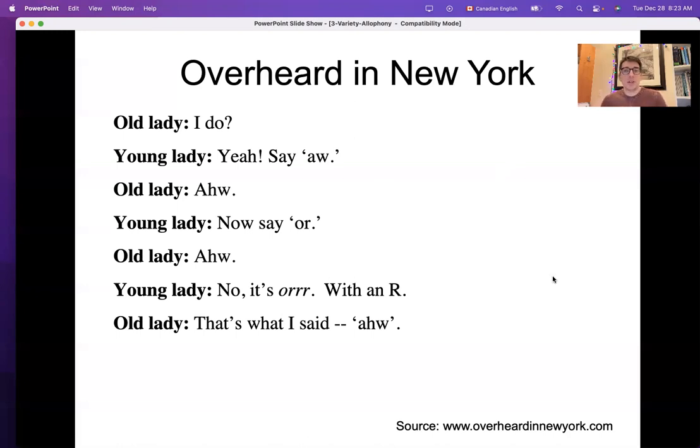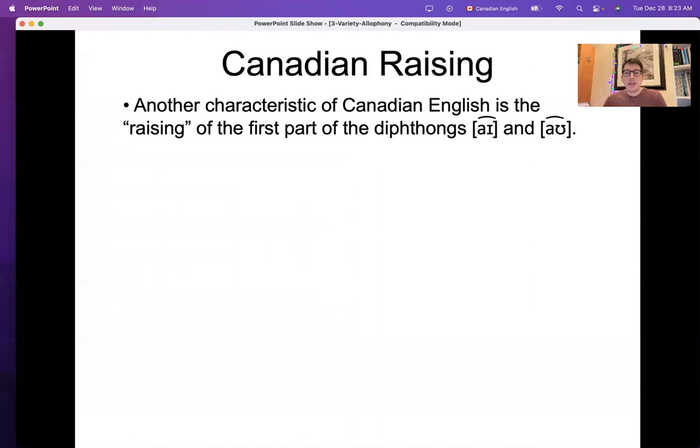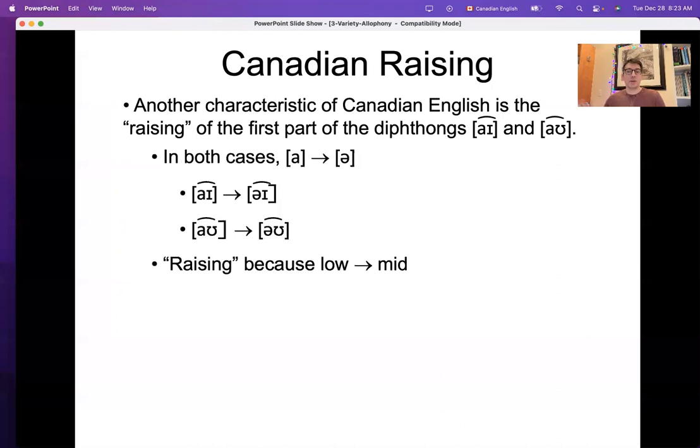And that's why we need to be aware of these differences that exist among the English varieties, right? So I don't want to bother you with the vowel systems that there are, but we'll just move along to the Canadian raising. Canadian raising is a very popular term, and it is quite prominent in Canada.